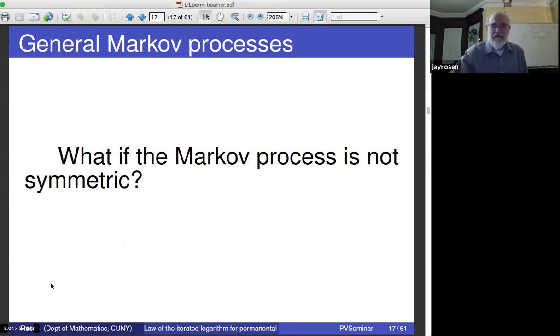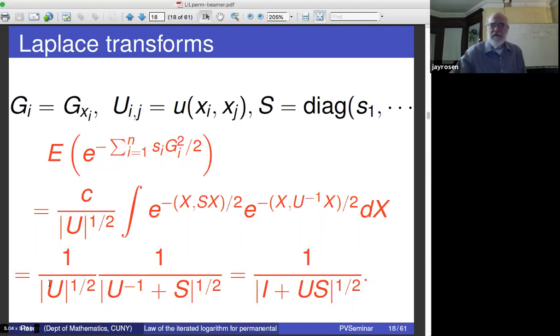So, as background to the answer, I want to look at the Laplace transform of an n-dimensional vector of the g's, g_x1 up through g_xn. I take this n by n matrix u_ij, and S is a diagonal matrix which corresponds to the numbers S1 through Sn. Let's just calculate that matrix. Well, the density of a Gaussian is given by this.